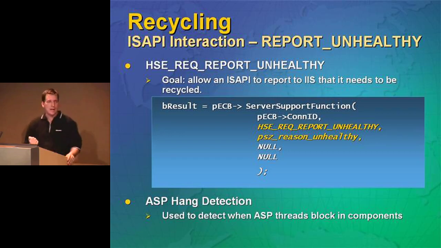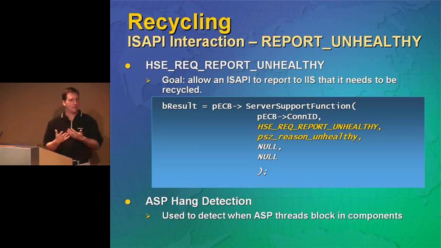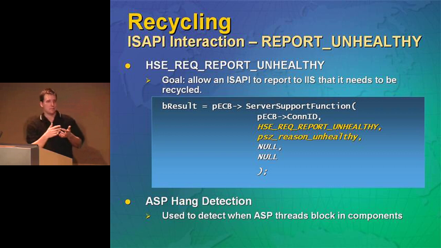I mentioned ASP hang detection. ASP actually takes advantage of the report unhealthy function. ASP is an ISAPI that implements its own thread pool. Imagine an ASP page calling a COM component, and that component is calling another COM component down the chain. There's a chance that these threads can become deadlocked because it can't really detect what's going on in some other component that it's calling.